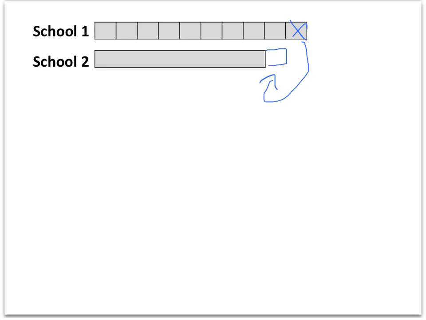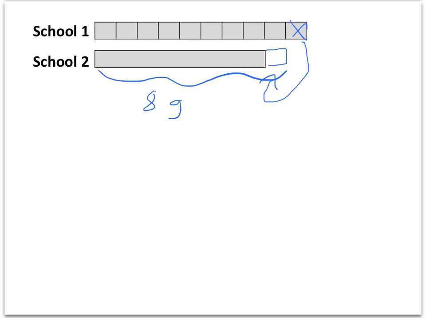So our picture is going to look like this, where both strips are equal in length. School 1 has 9 groups in it, and school 2 is also going to have 9 groups, and so that tells me that originally what we had in school 2 was 8 groups. Now we don't know how many students were in each one of those groups, but that's not what's important here.